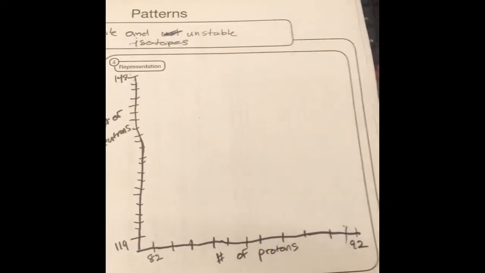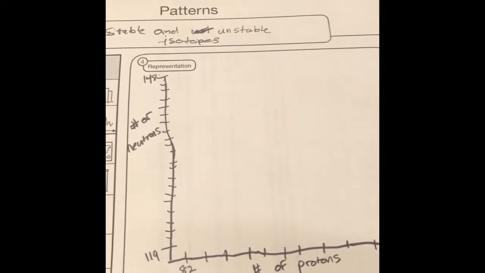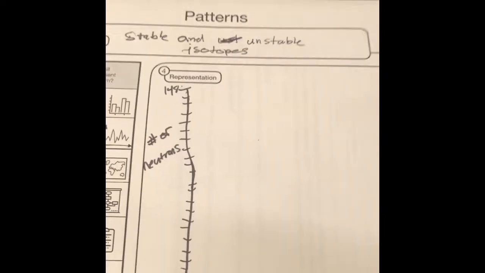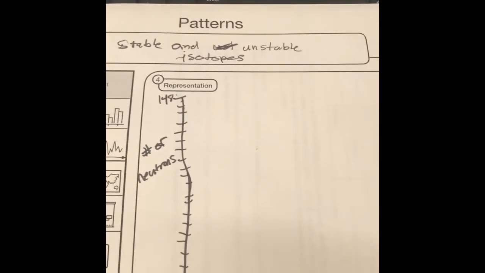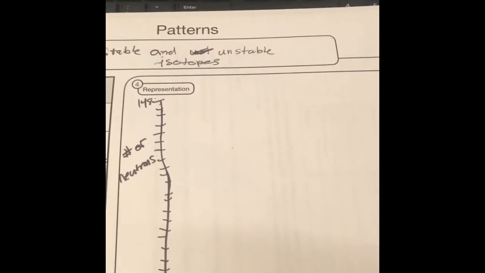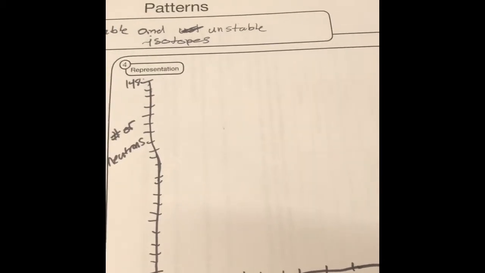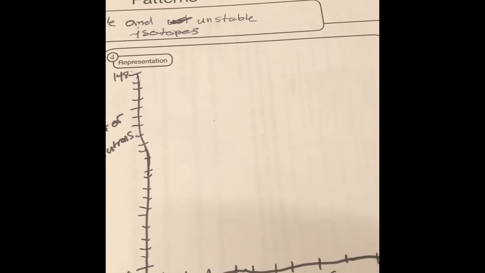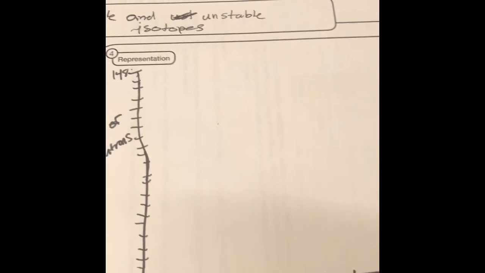So what you guys are going to do, your task today, is you are going to graph on this plot 3 different types of stable isotopes, 3 different types of isotopes that decay by beta decay, and 3 isotopes that decay by alpha decay, and see if you notice any patterns here.